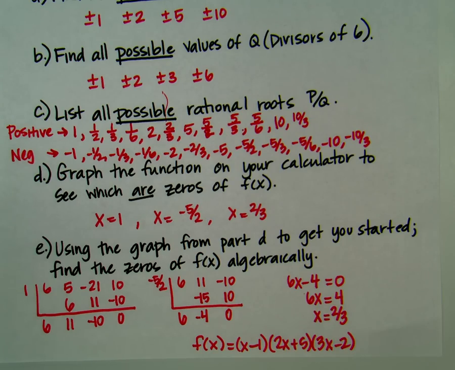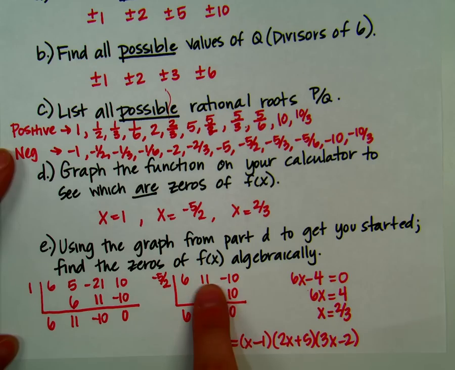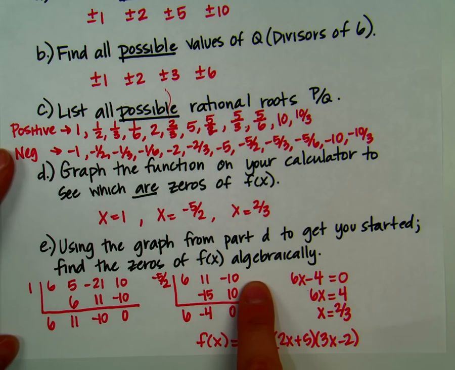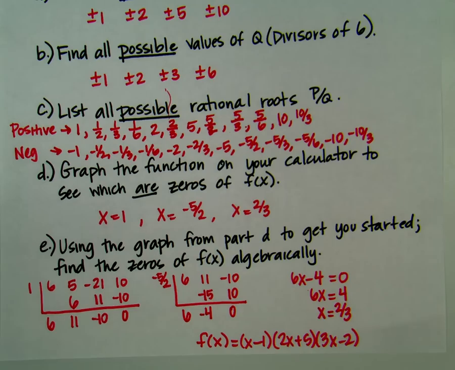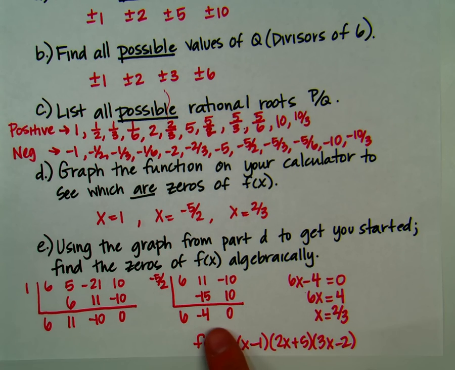When we do our next group, negative 5 over 2, we're going to use the answer from this part here in the top row of our next division. Notice that I left the 0 remainder off. We have 6, 11, negative 10. When we do synthetic division again, we get a remainder of 0, and we're left with 6x minus 4.